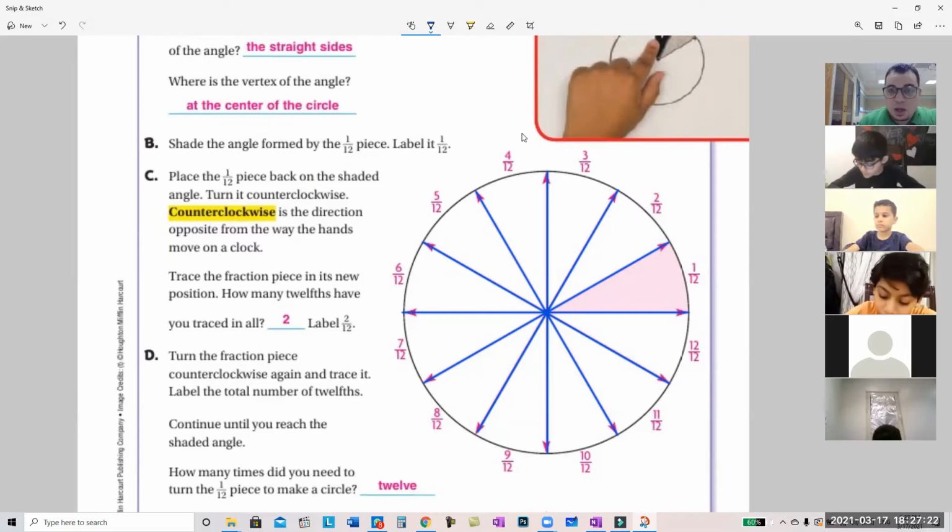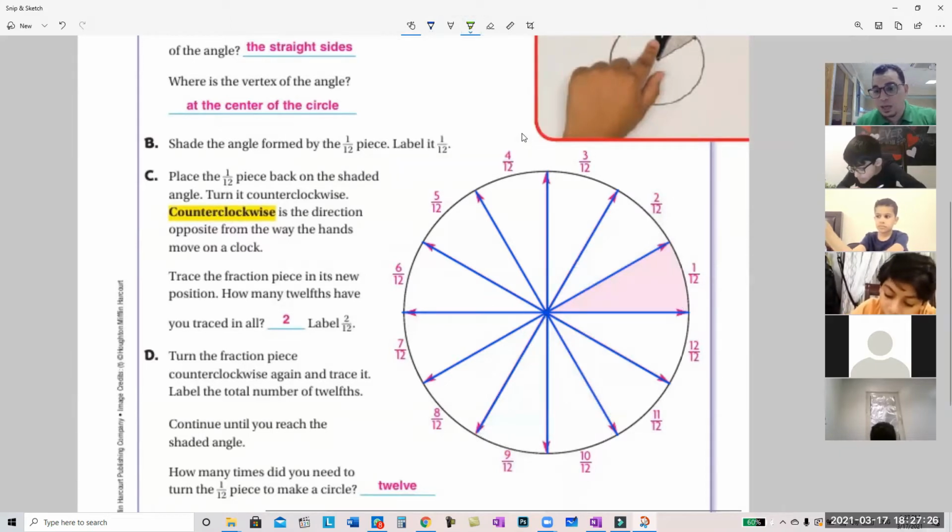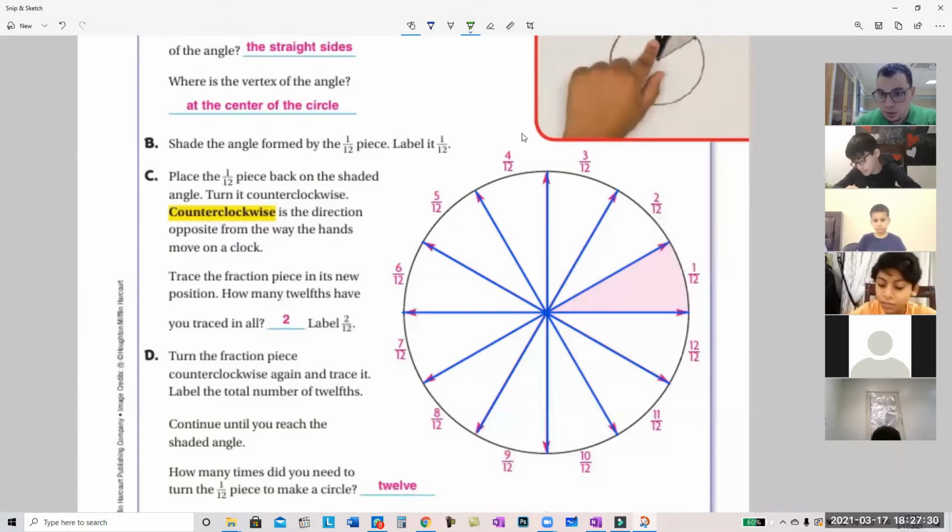Okay, now after we divide it, we're gonna shade one part from these parts. So let's shade this after me, like that.